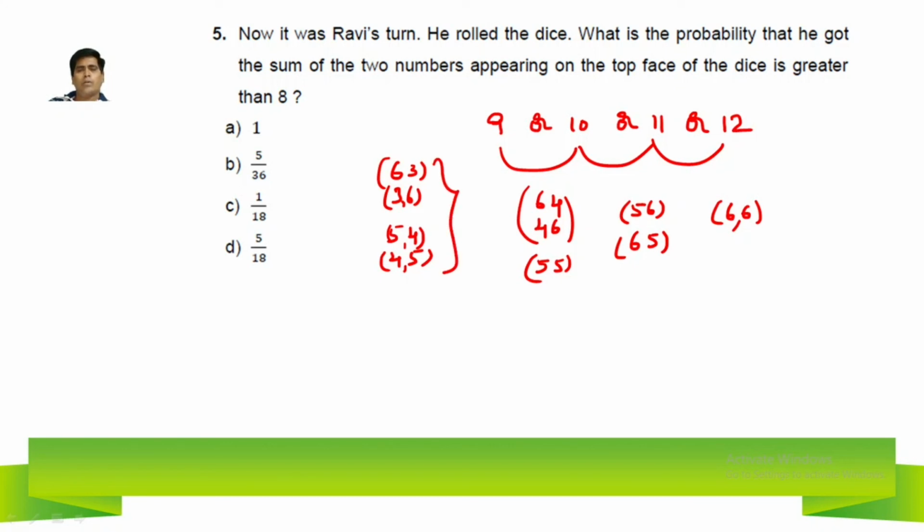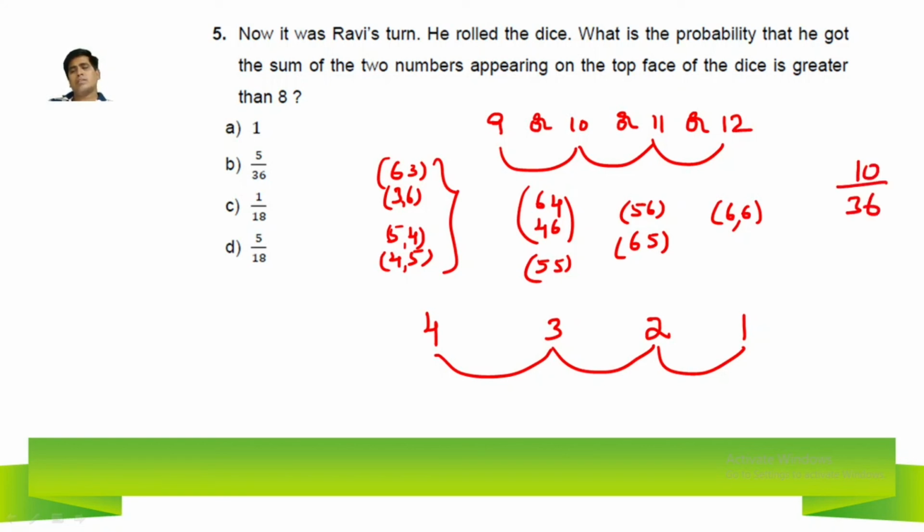So 4 here, 3 here, 2 here, 1 here. So the total number of favorable outcomes is clearly 10. So 10 by 36. If you simplify 10 by 36, what are you getting? You are getting 5 by 18.